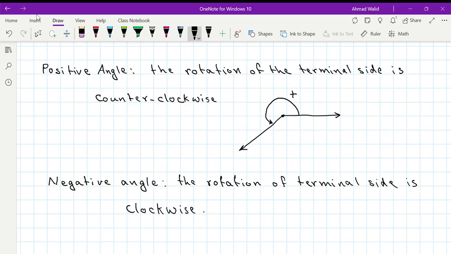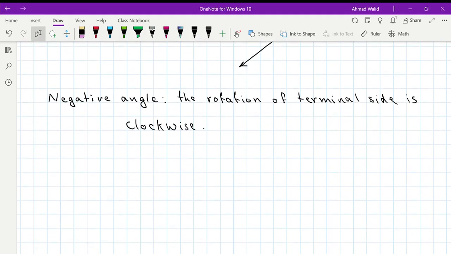If your rotation of the terminal side is clockwise, that is a negative angle. See the picture here? This is my vertex and this is my initial side. I'll go this way this time. The rotation is clockwise. I call this angle a negative angle.